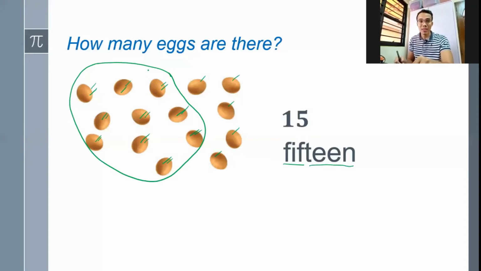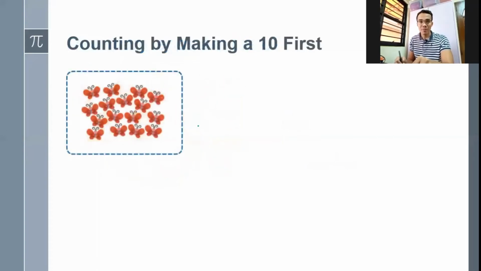So how do we proceed? This is already 10, and we count on starting from 10. 10, 11, 12, 13, 14, 15. There are 15 eggs in this picture.